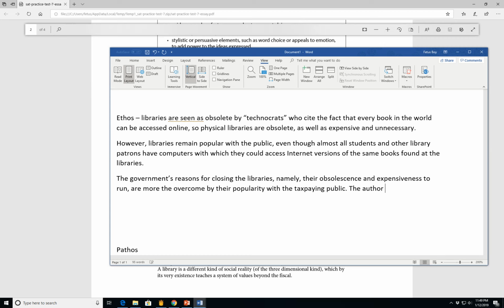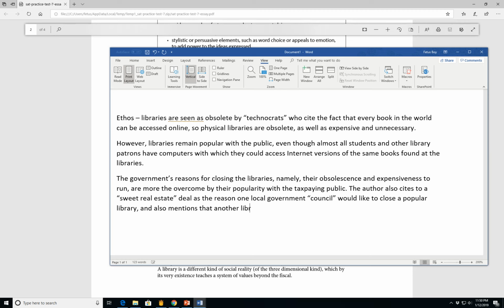Okay, the author also cites a sweet real estate deal as the reason one local government council is closing a popular library, and also mentions that another library is scheduled to be closed despite friends of that library volunteering to staff it for free.